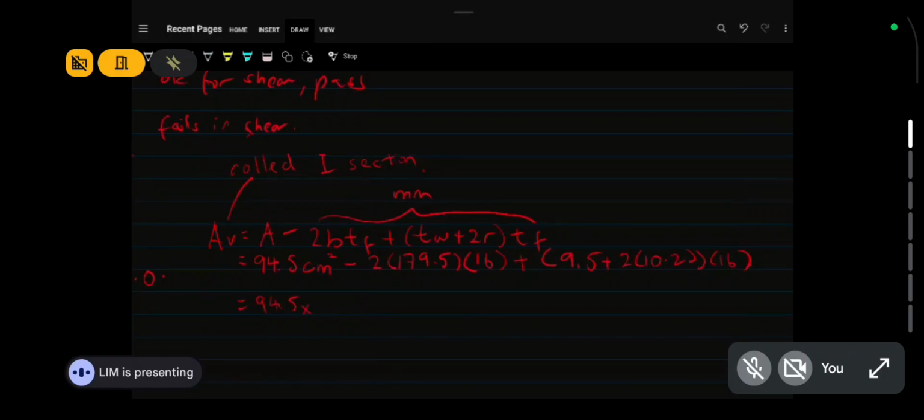94.5 cm squared to mm squared is times 10 to the power 2, to bring it to mm squared.